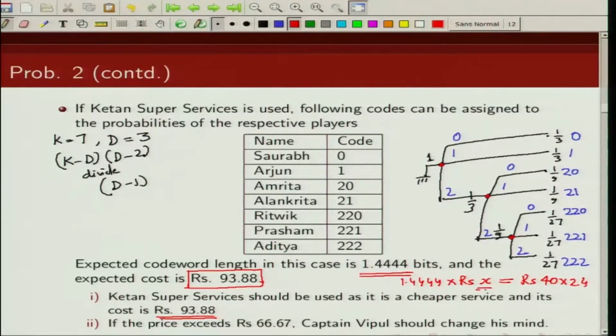From here you can find out the break even cost. If Ketan increases the cost beyond this point, then Vipul is going to change his decision, and that price comes out to be 66.67. Okay. So if Ketan increases the cost of his ternary bits to more than 66.67 per ternary bit, then Vipul is going to change his decision and will go for Ajit's speedy post.